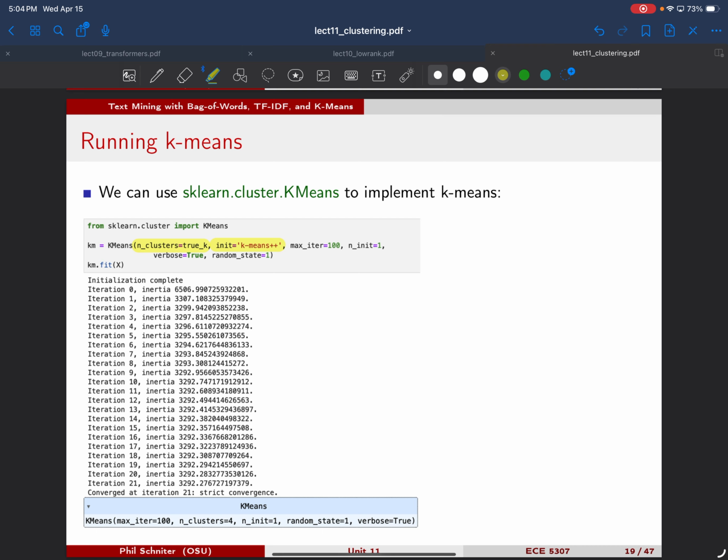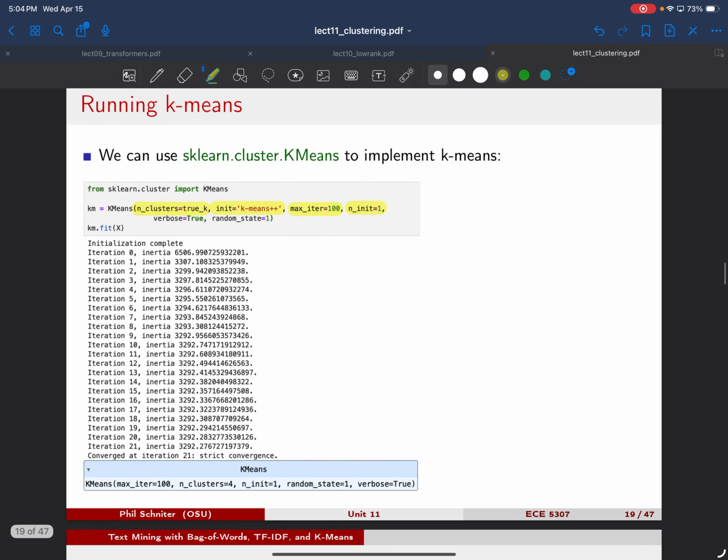We're only using one initialization rather than several, and letting it run a maximum of 100 iterations. It actually only ran for 21 iterations and stopped. And this is plotting, I think, the k-means score.